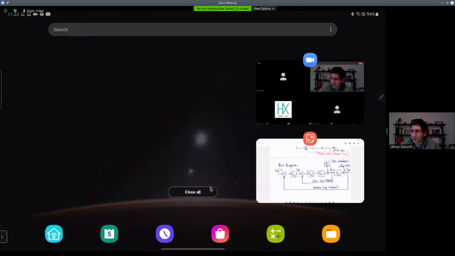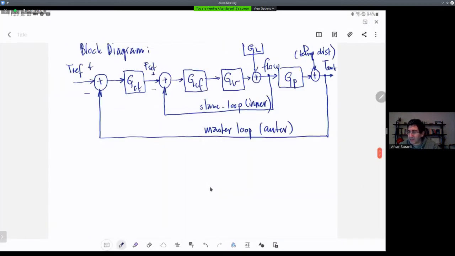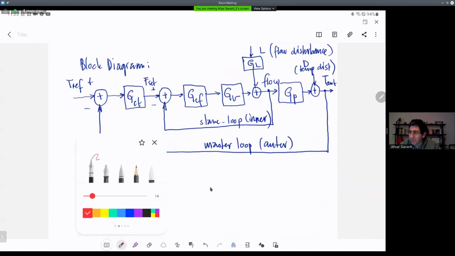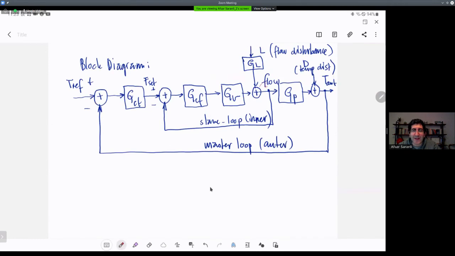Okay, so what I'm going to do now is to analyze this system and see what's the effect of this two-loop architecture. The way to do that is the classical way: you label an inner variable to eliminate the loop and see what's happening.